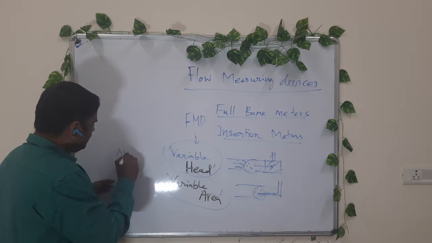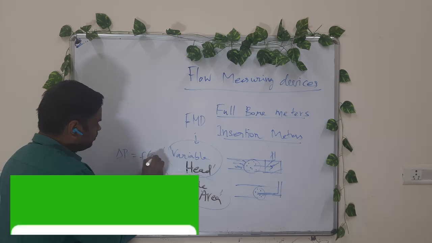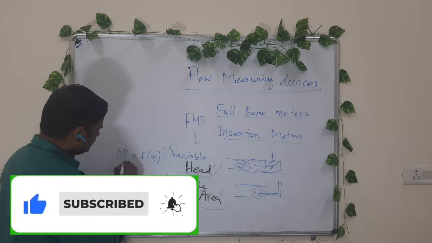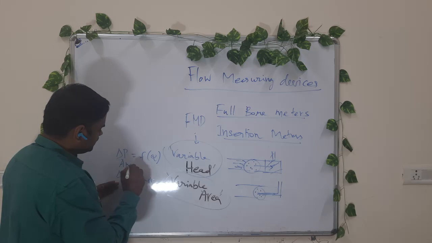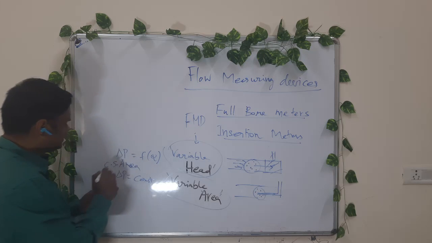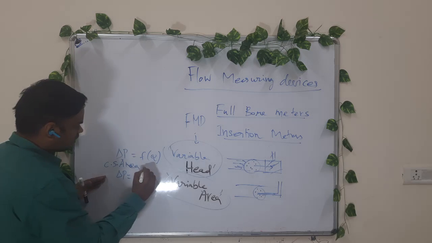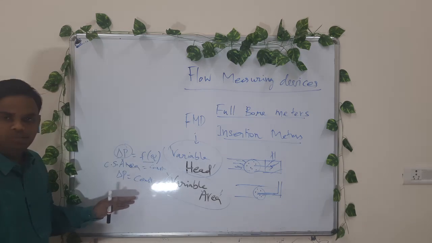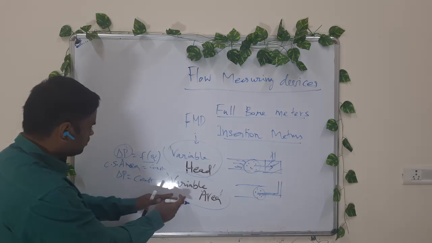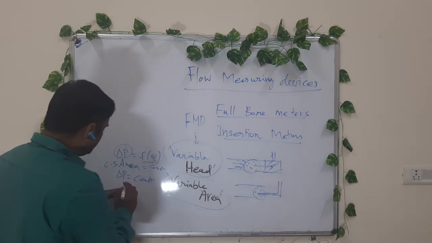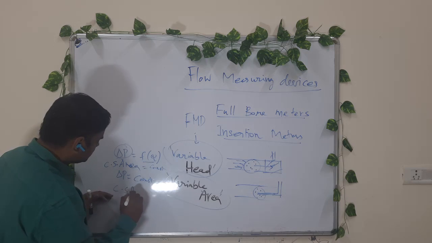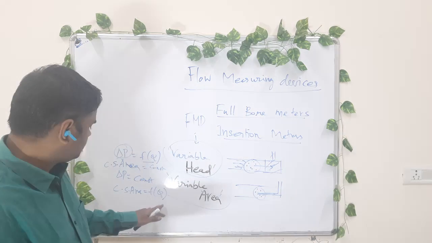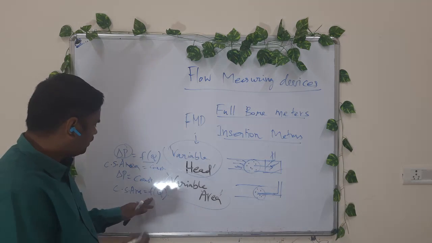In variable head meters, delta P will be a function of volumetric flow rate, and the cross-section area is constant. Whereas in variable area meters, delta P is equal to a constant and the area will keep changing. So the cross-section area will be a function of volumetric flow rate.